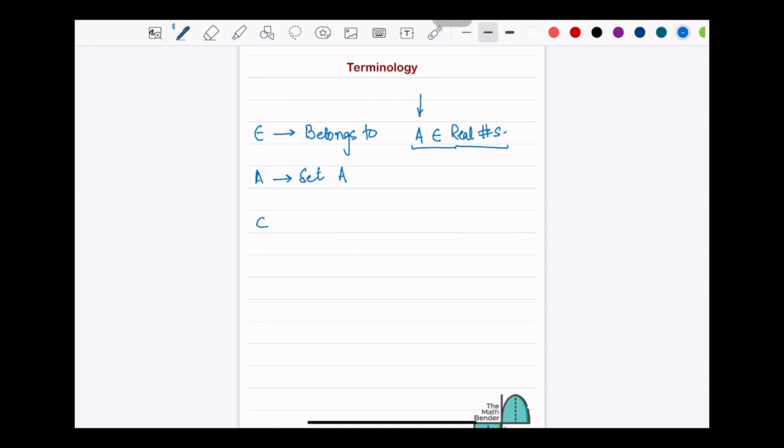This means something like an elongated C, which means a subset. A subset means every element of a set is a part of the main set, the big set, which we talk about in a while.